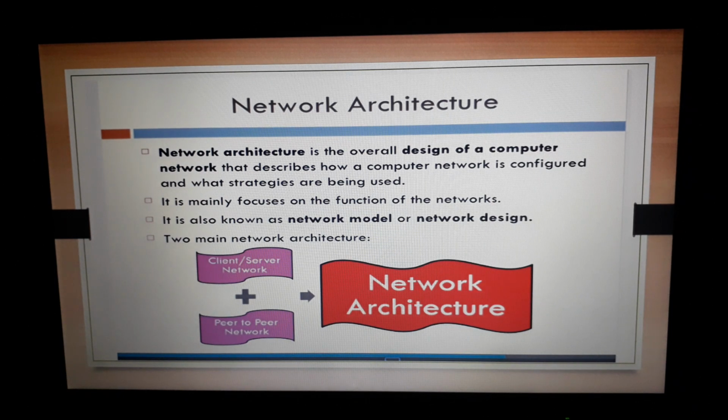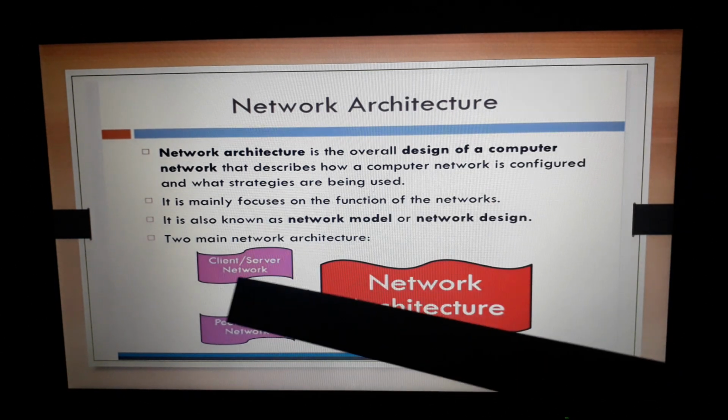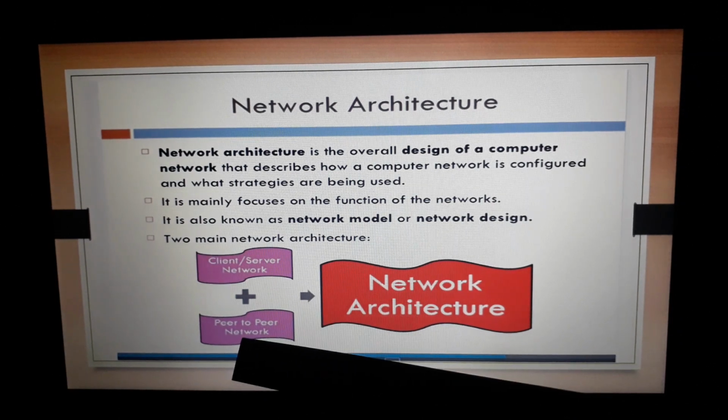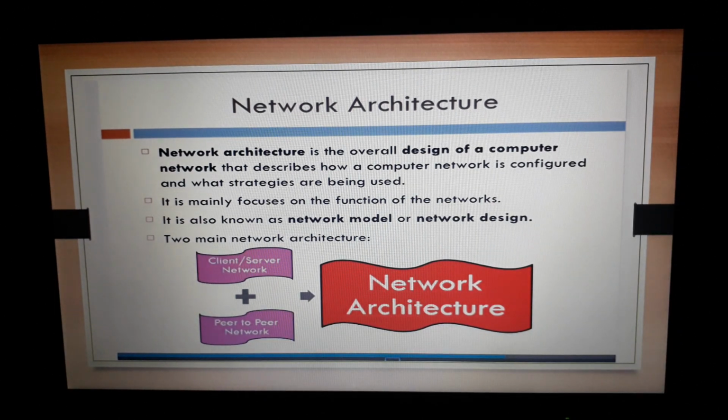There are two main network architectures: client and server network, and peer-to-peer network. As per our requirement, we have to design our network, whether we need a client and server system or peer-to-peer.